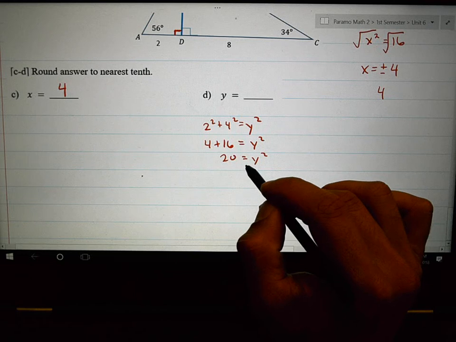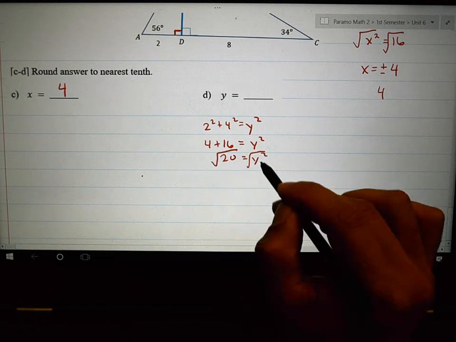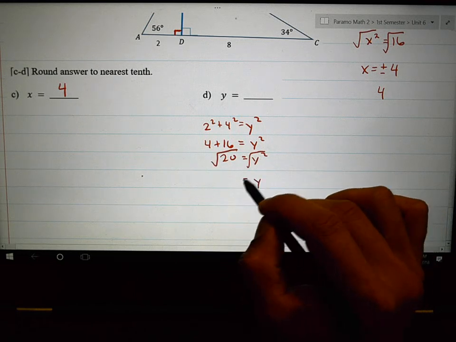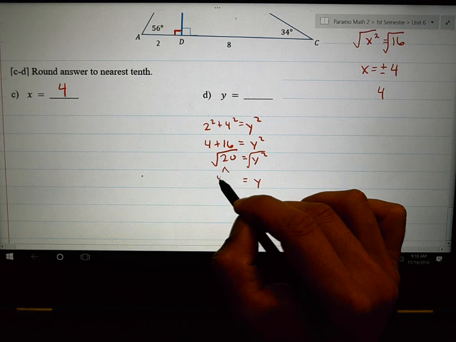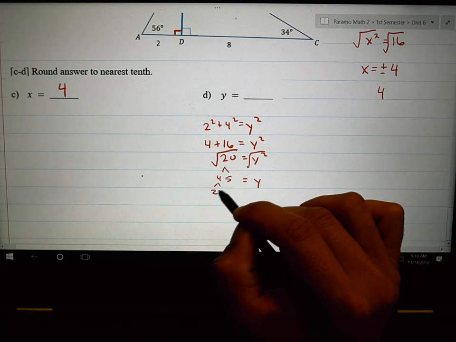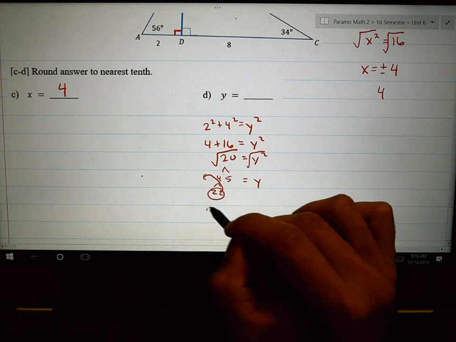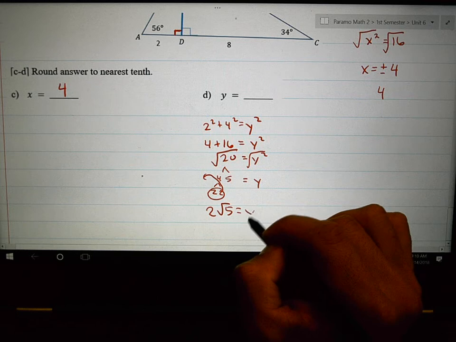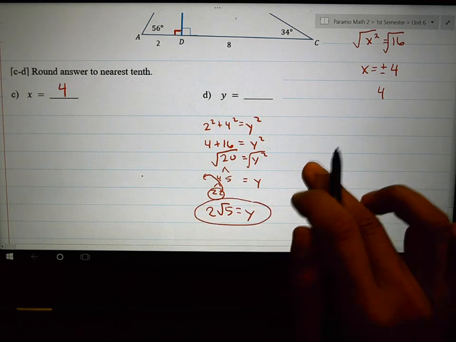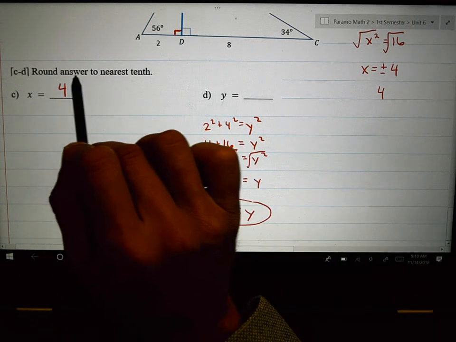Square root both sides to get rid of that square. And I'm hoping you remember, we learned how to break these things down and put it in radical form. Does it say? Oh, it says round answer to nearest tenth.